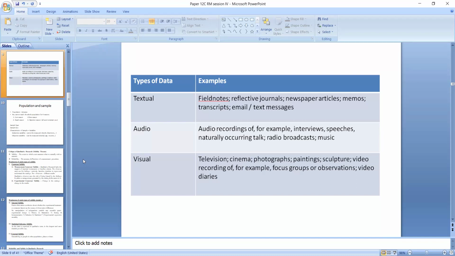And when we talk of audios, all the kind of recordings, speeches, interviews, radio broadcasts, music, and n number of talks and all that. And many researchers, for making their research methodology strong, try to tap the maximum sources for their analysis. And visual, obviously, television, cinema, paintings, sculptures, and a number of other things.